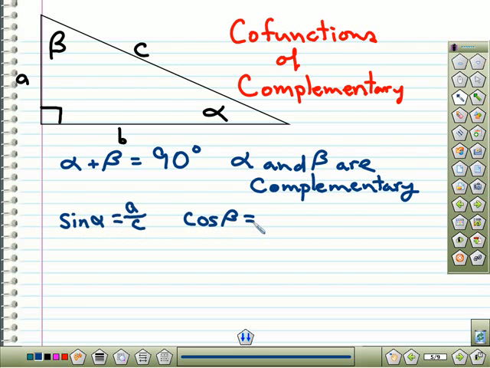A over C. Look, because here's beta, adjacent over hypotenuse, so it's A over C. Now you notice that the sine of alpha is equal to A over C, and so is the cosine of beta. Alpha and beta are complementary, and look at their cofunctions. Sine alpha is A over C, and its cofunction is A over C.